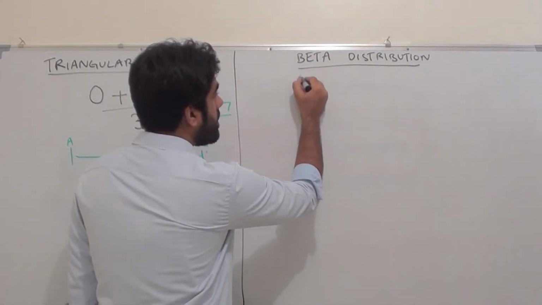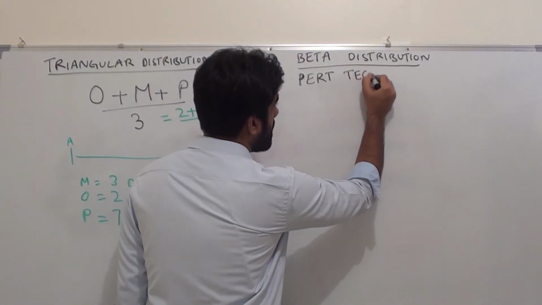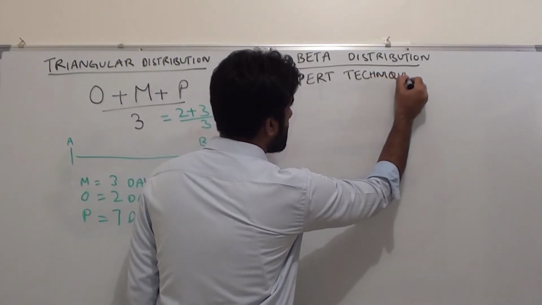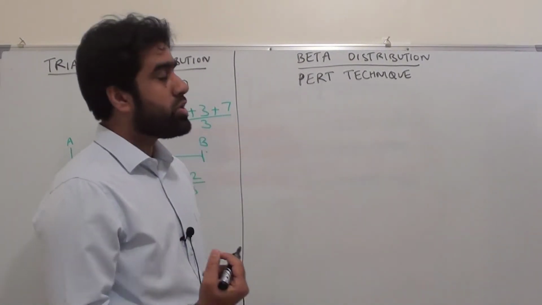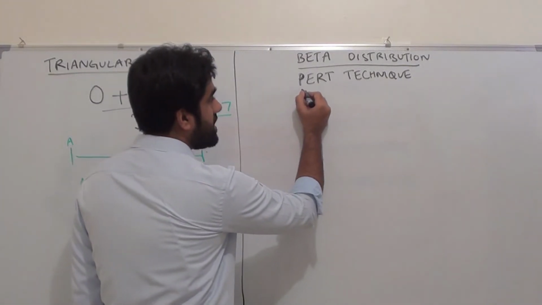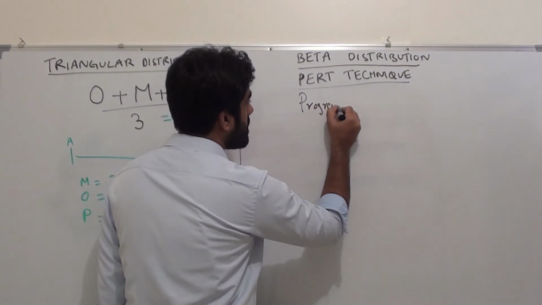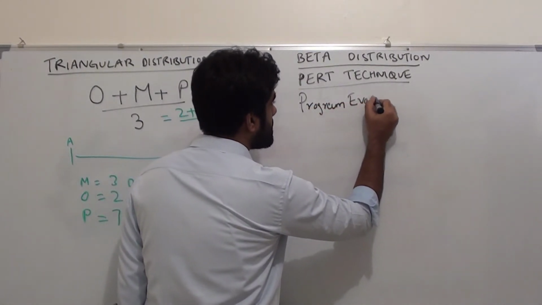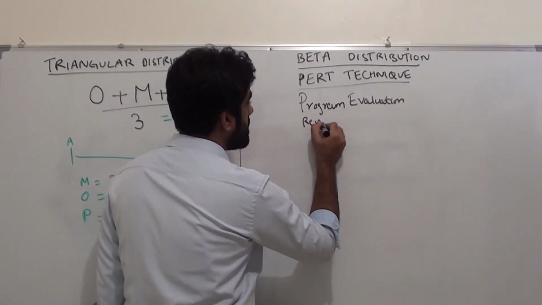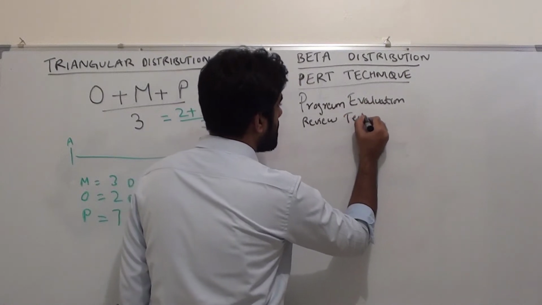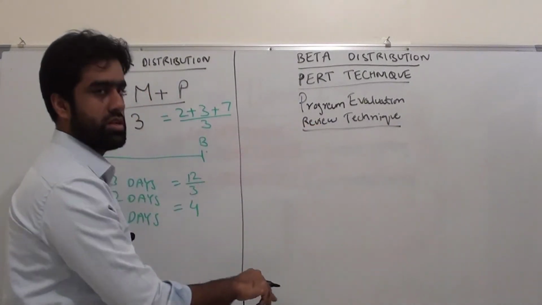It might also be called PERT technique, and PERT stands for Program Evaluation Review Technique. So even if the exam says Program Evaluation Review Technique, you have to use this formula.